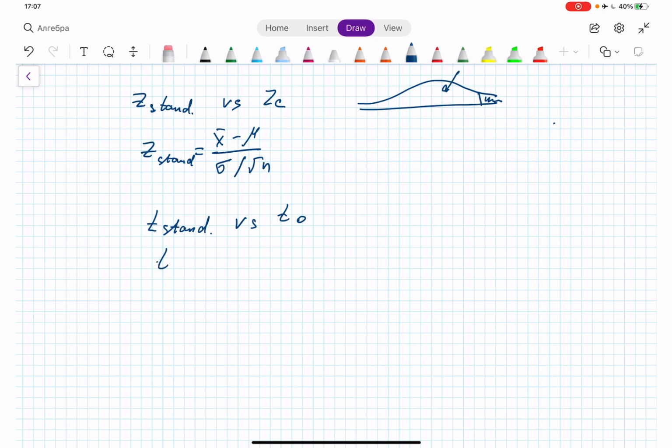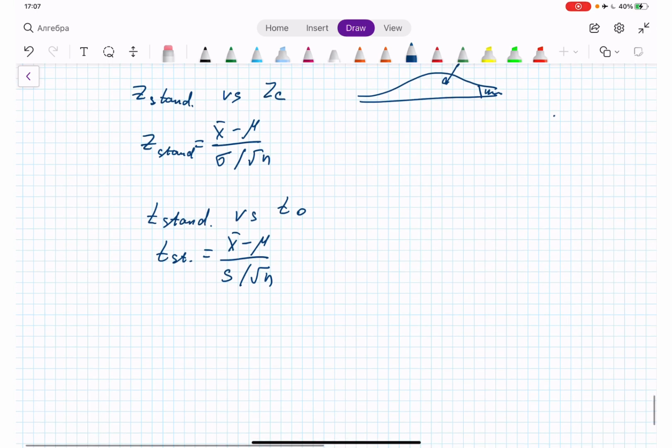T standardized is equal to x bar minus mu over s over square root of n. Again, the standardized t-score has to fall in the healthy area. If it falls in the t critical area, then we reject the null hypothesis.